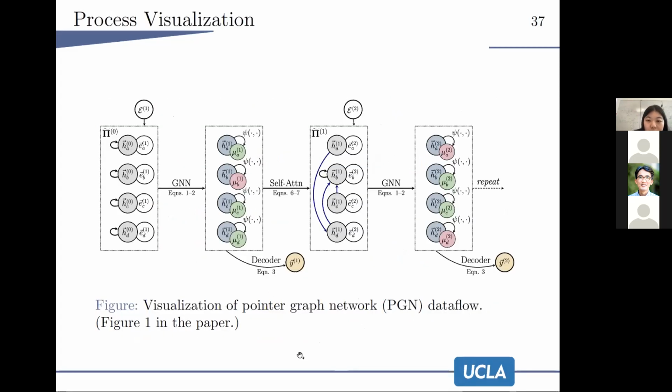Sorry for the inconvenience. And the visualization of the general process of this model goes like this. At first, everyone connects to themselves, and later on they get updated and connect to someone else. We can see that the sparsity mask mu is always involved in the process along with all the other components, and E represents some sort of operations.